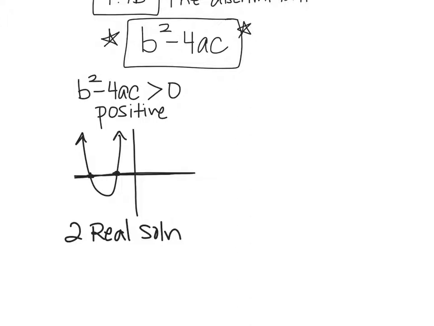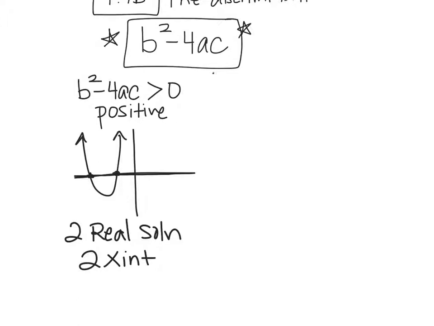Okay, so if that number inside the square root is positive, maybe positive 12 or positive 33 or positive 1,000, doesn't matter. It could be positive 1. If it's positive, you'll get two real solutions.